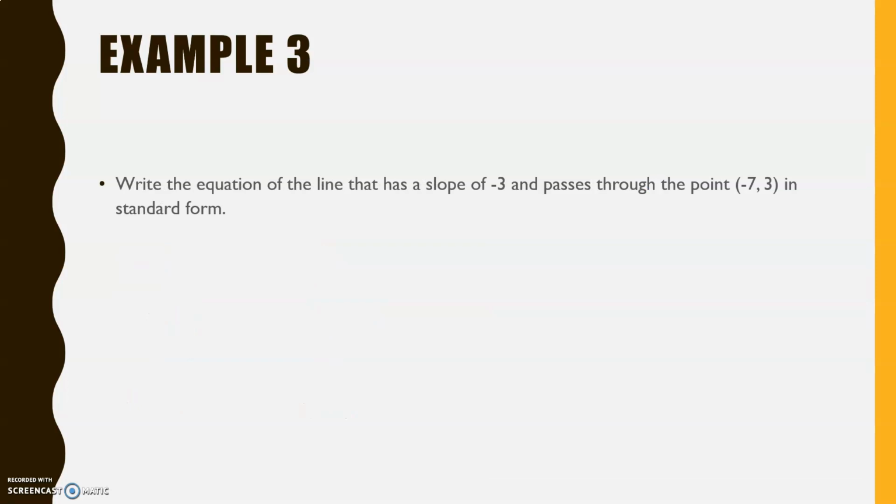Write the equation of the line that has a slope of -3 and passes through the point -7, 3 in standard form. Okay, so I'm going to start with this in point slope form because I know what my slope is and I have a point. So it makes sense to put it into this form. Why can't I just immediately put it into standard form?